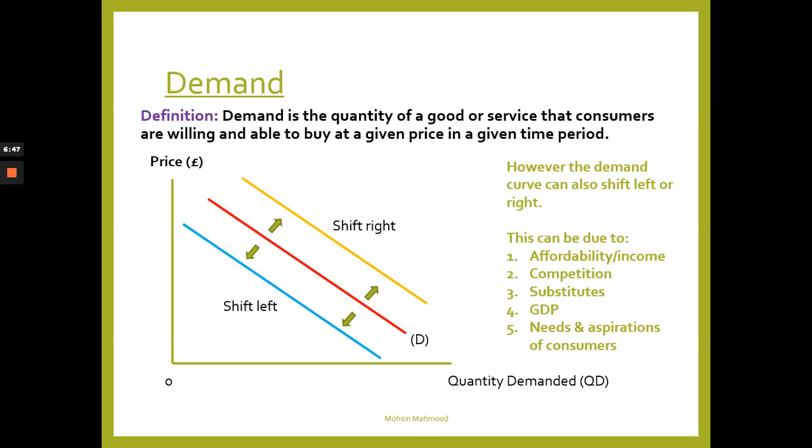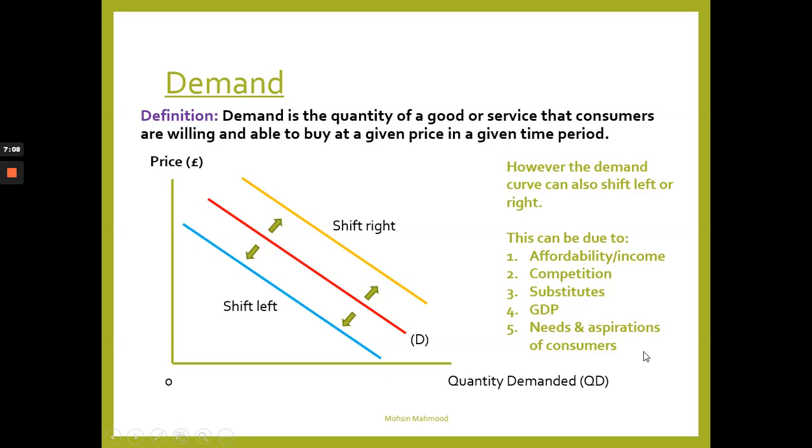It could be due to GDP, so gross domestic product, and these levels, whether GDP is high or whether GDP is low. It could also be due to needs and aspirations of consumers.